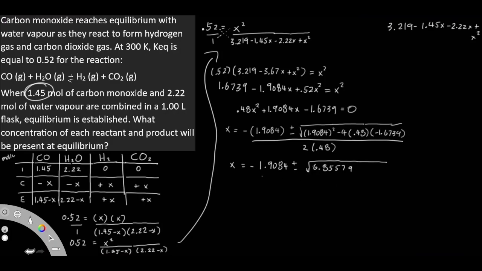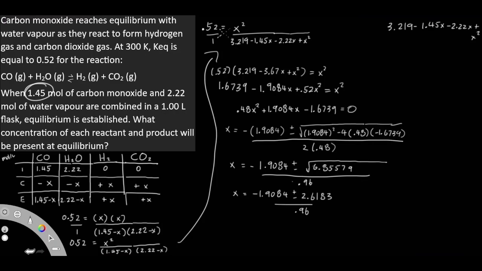And then this is all going to be over our 2a. 2a would just be 2 times 0.48. You end up getting 0.96. There we have it. Let's keep working our way down. Our radical, you're just going to square root our 6.8557, getting 2.6183.